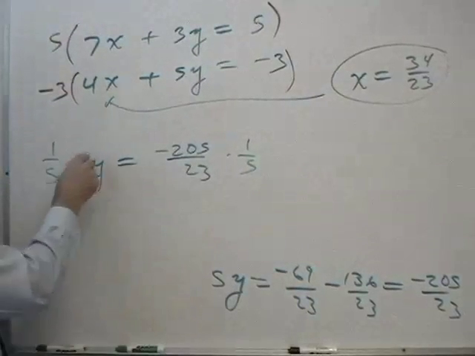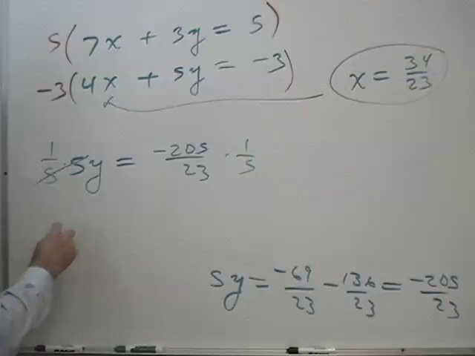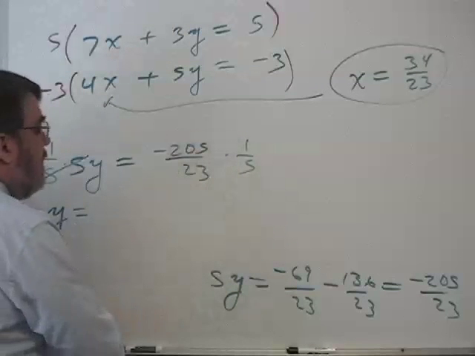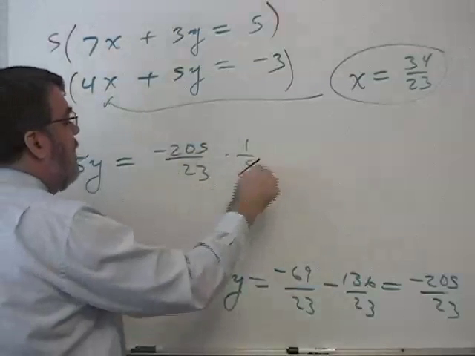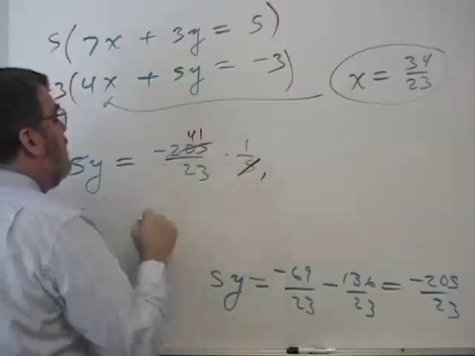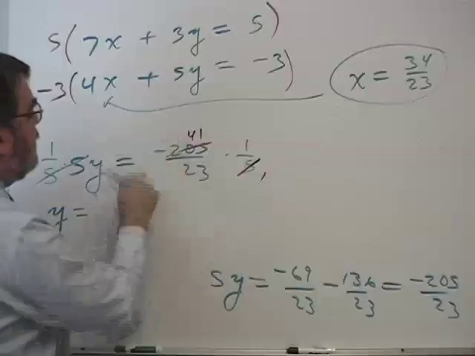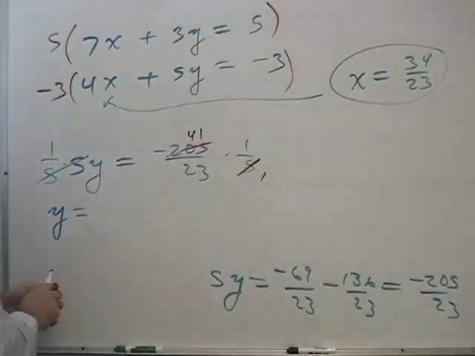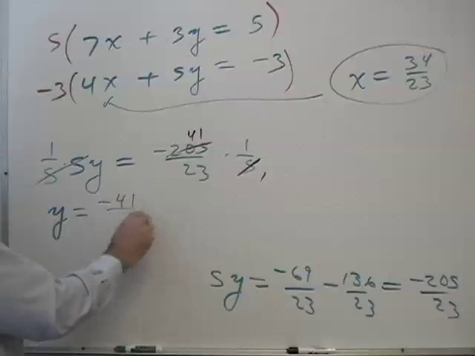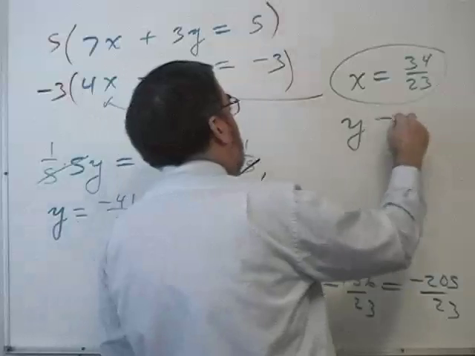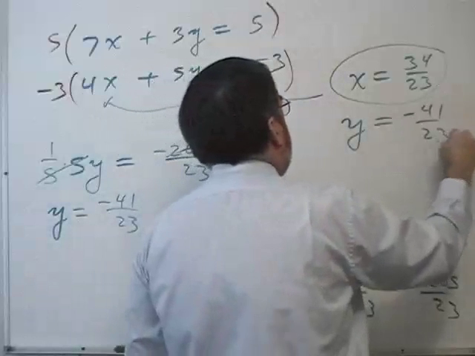And so that cancels the 5's on the left side. y would equal 1/5 of this fraction, and the 5 will cross cancel in the 205. That goes 41 times, actually negative 41 because of the negative. All right, so y would be negative 41 over 23. Let me write that up here. y is negative 41 over 23.